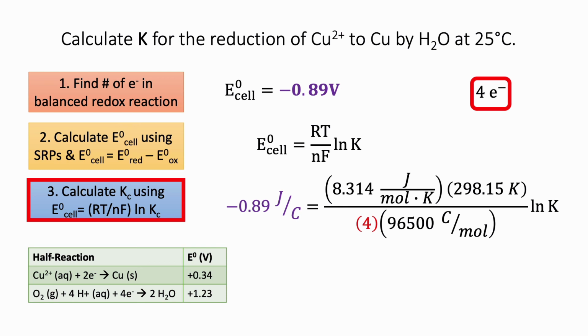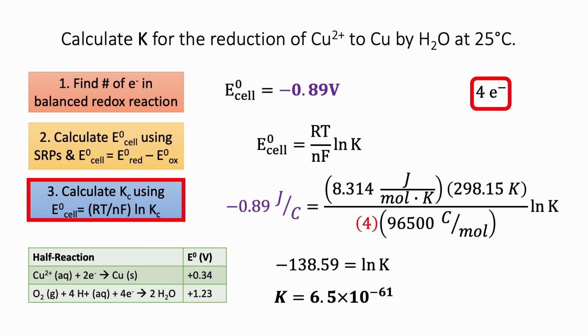Let's solve that then for the natural log of K. What we end up with is natural log of K being negative 138.59. So then the equilibrium constant is going to be e to the minus 138.59, and that's going to be 6.5 times 10 to the minus 61.